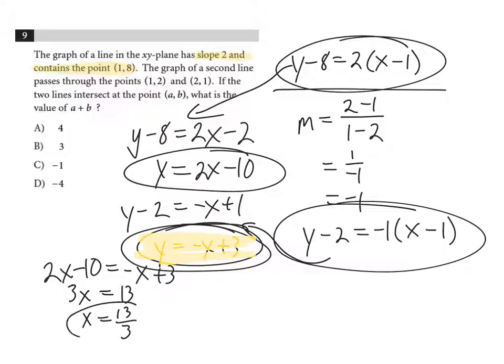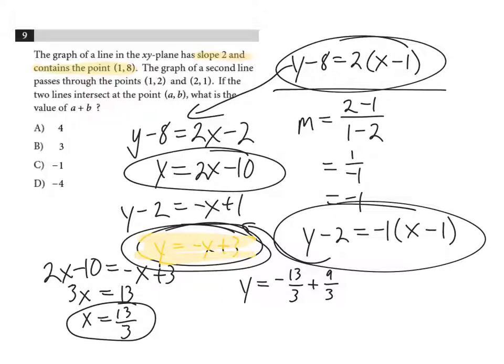So I've got my x value. Then I know that y equals negative x, so negative 13 over 3 plus, and I know I'm going to have to add these together, so I'm going to make common denominators. 3 is equal to 9 thirds.